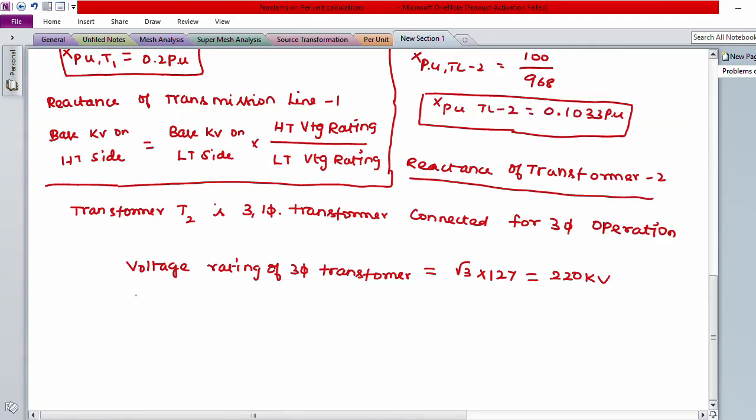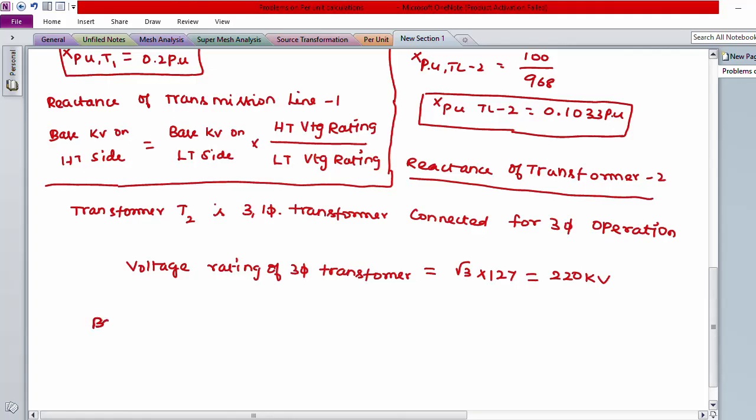Now, for transformer 2 we can calculate on the low voltage side or the high voltage side. Now we can go for the voltage conversion. It will be useful for calculating the reactance for generator 2.